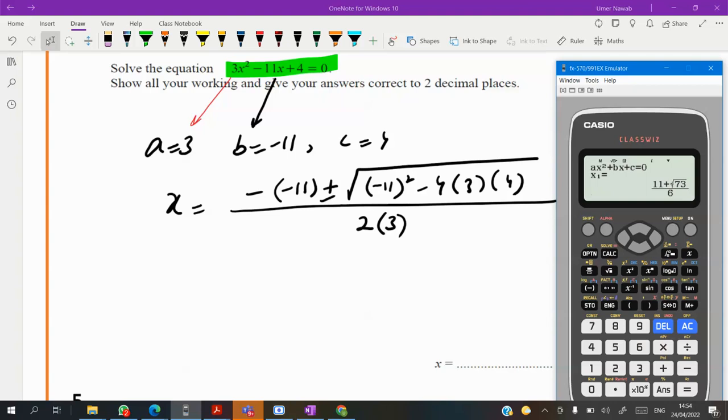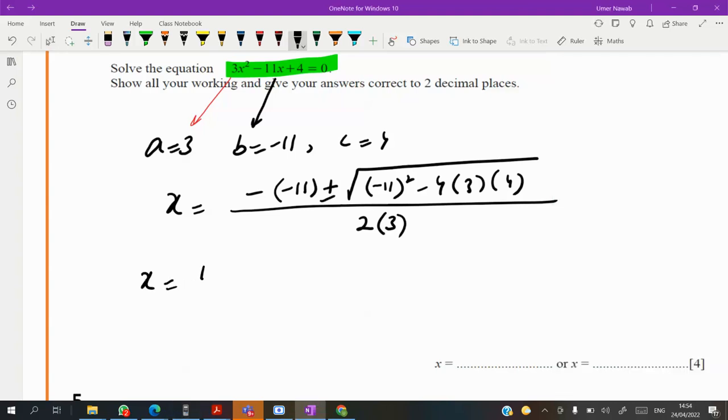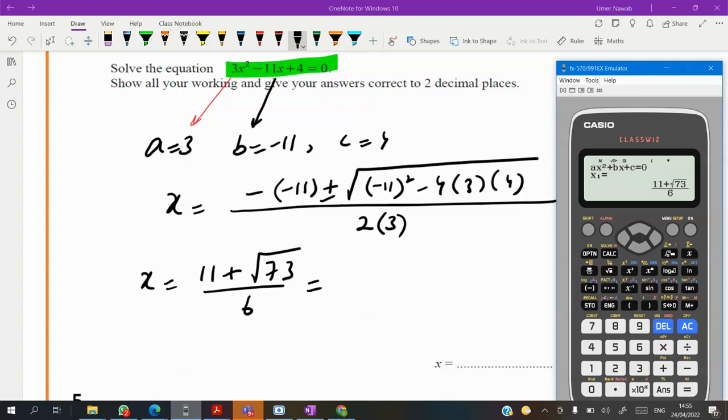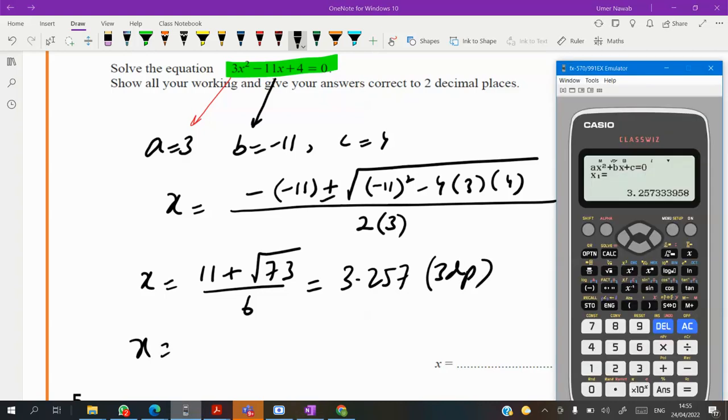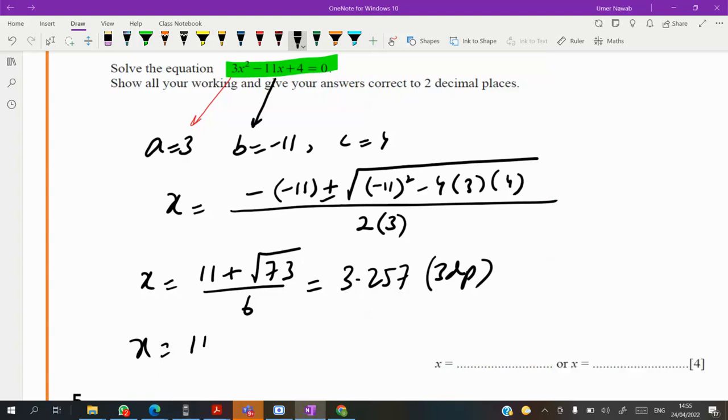The first answer in surd form: 11 plus square root of 73 over 6. Write it in decimal form: 3.257 in 3 dps. The second: 11 minus square root of 73 over 6.